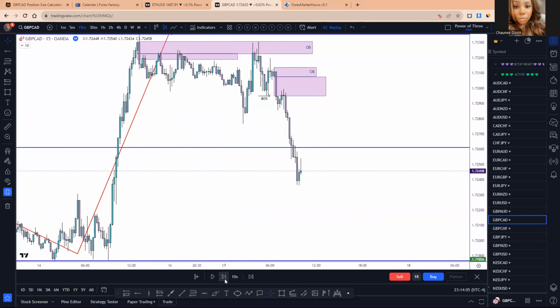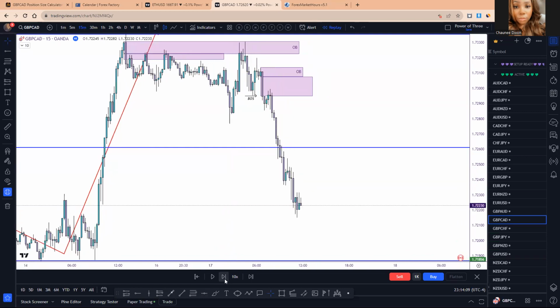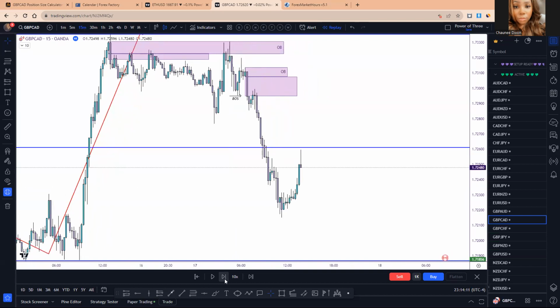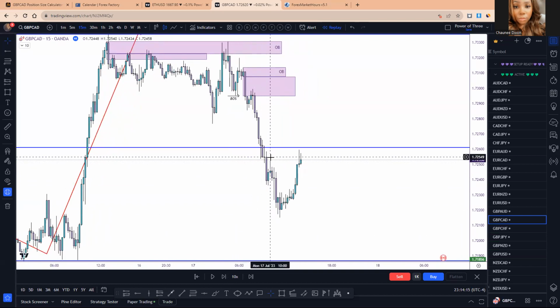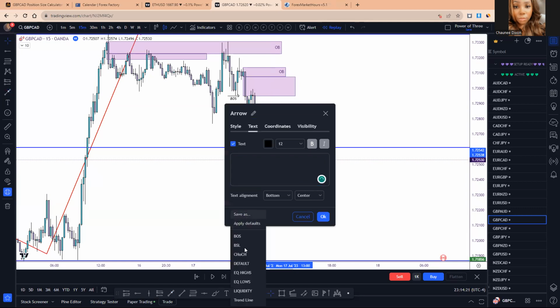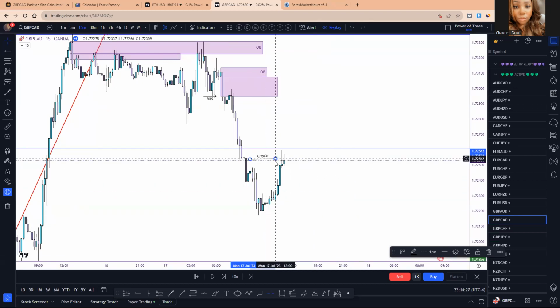And let's see if we get a change of character to the upside. Still pushing down. Okay. Let's see. This would be the last high for me. Okay, it's not the cleanest because I like very, very energetic pushes.